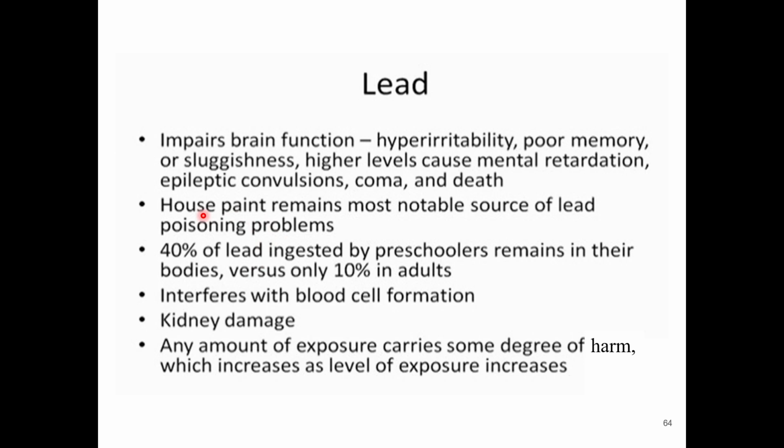As per statistics, 40% of lead ingested by preschoolers, that is children before school age, remains in their bodies, versus only 10% in adults. So it is very dangerous for children, and it interferes with blood cell formation and results in kidney damage.